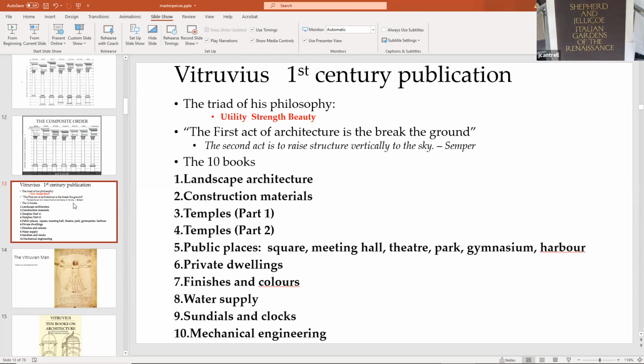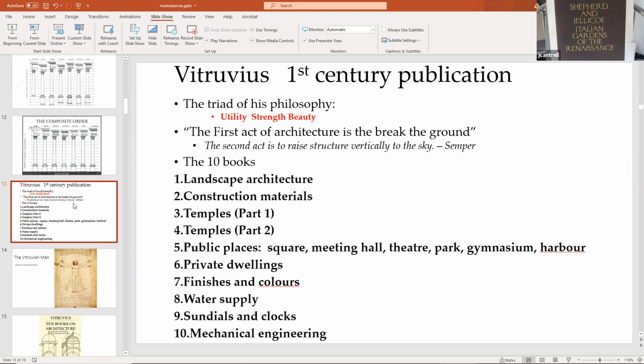But his books are not simply about the classical orders, and I don't have a prose or an excerpt for each one of these books because a lot of Vitruvius's writings are somewhat indecipherable. We have fragments of his writings that some of the architects later compiled as one complete volume. But he did have 10 chapters.